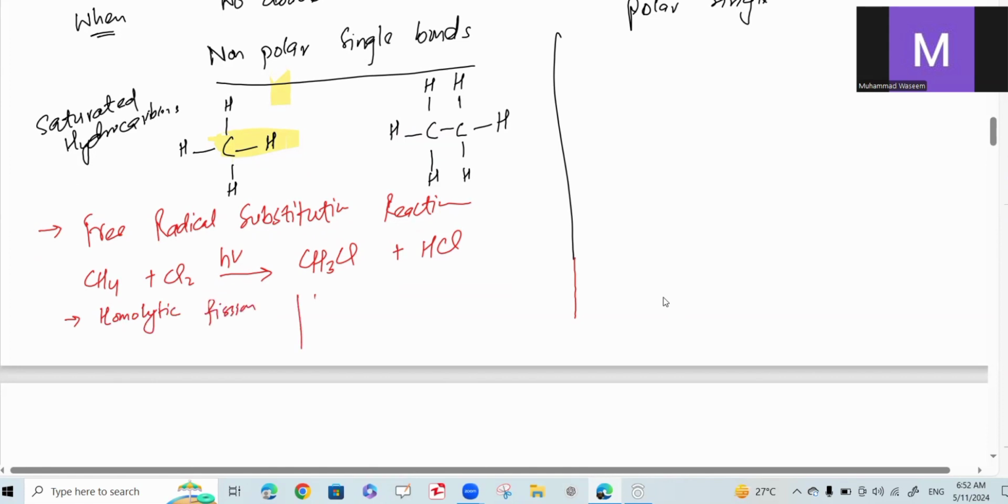When you go towards its mechanism, you know that it has three steps. You already studied them.